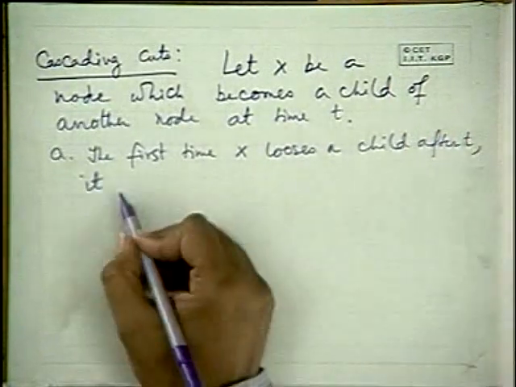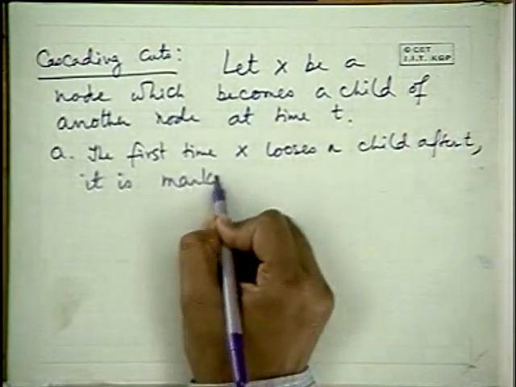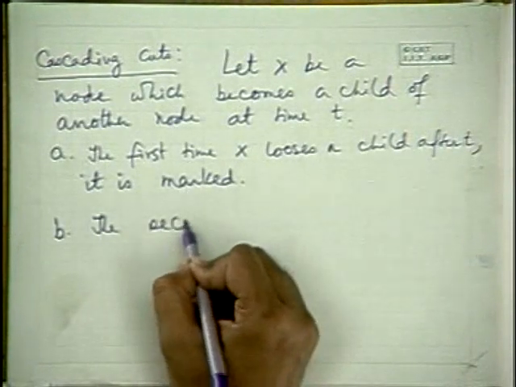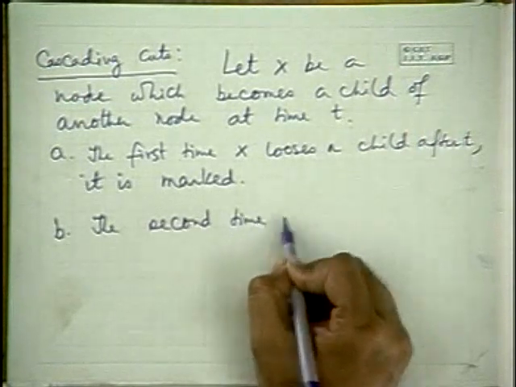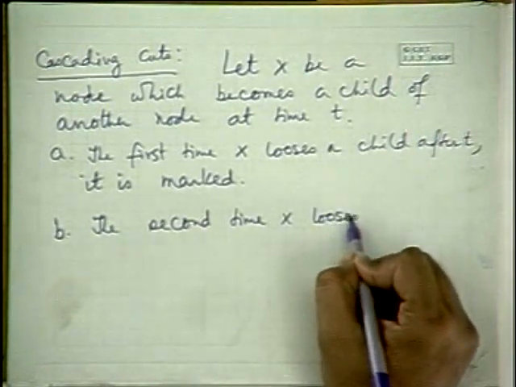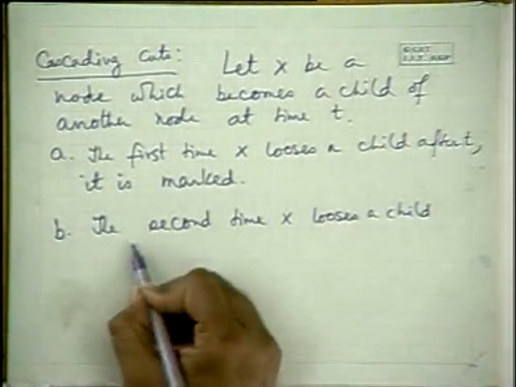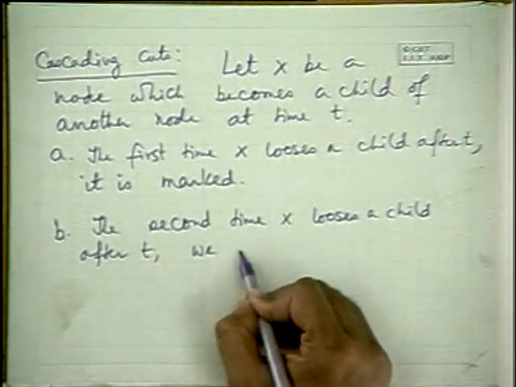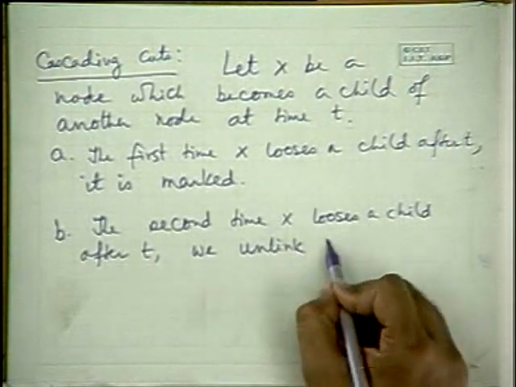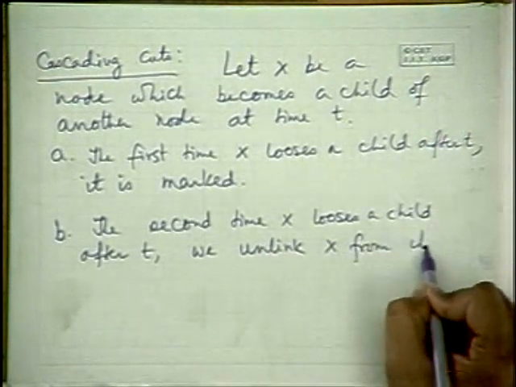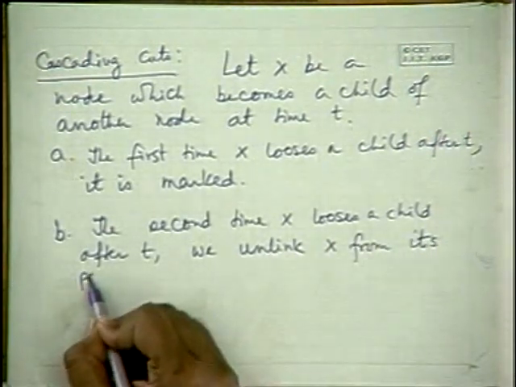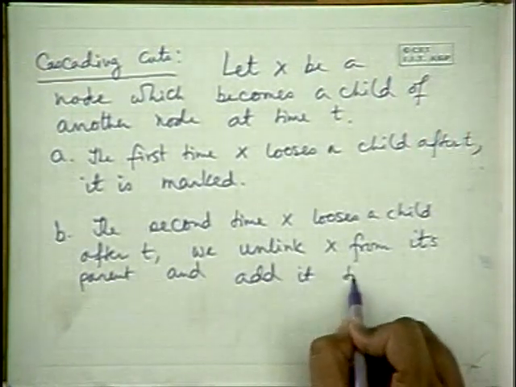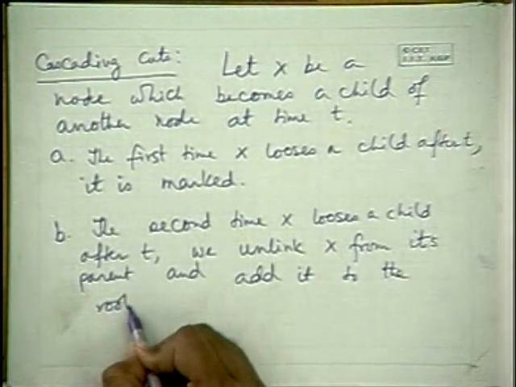Now the marking also is coming into picture. And B, the second time X loses a child after t, we unlink X from its parent, basically cut from its parent and add it to the root cycle.